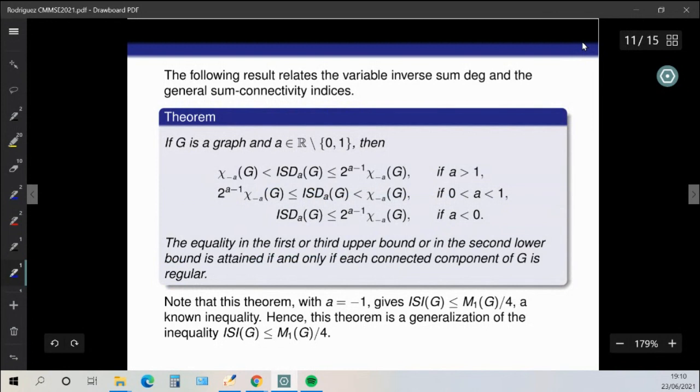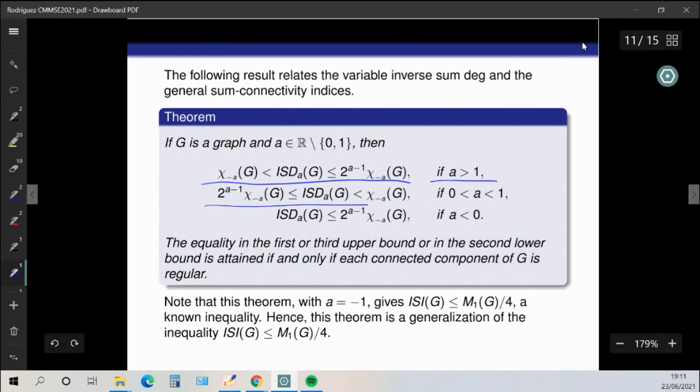The following result relates the variable inverse sum deg and the general sum connectivity indices for any real number except for 0 and 1. We have this inequality for a greater than 1.